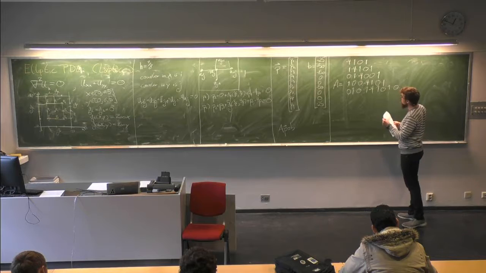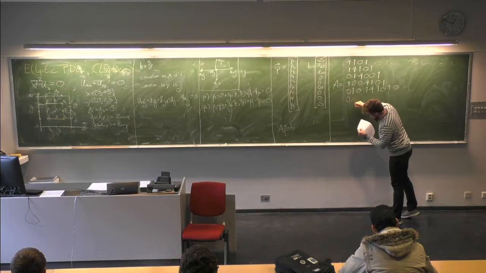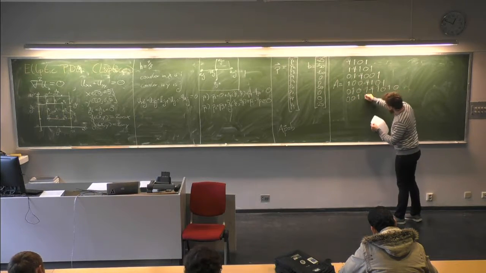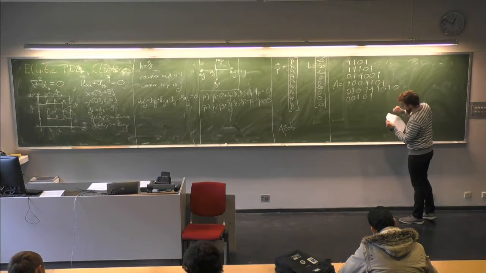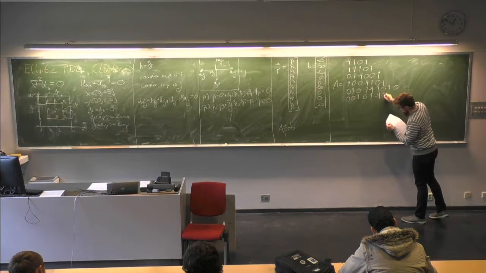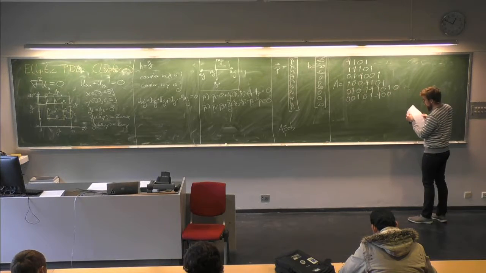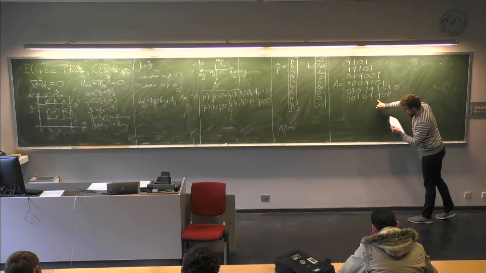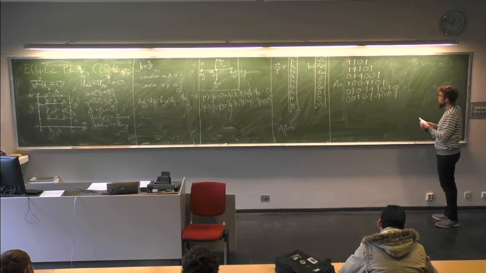So for P6, we have 0, 0, 1, 0 P4s, 1 P5, minus 4 P6, 0 P7, 1 P8, 1 P9 over there.